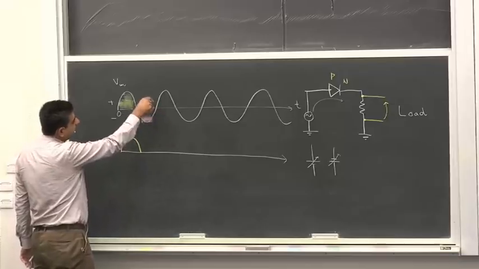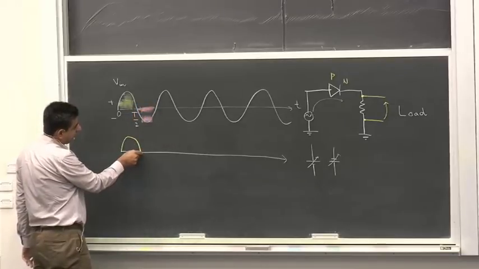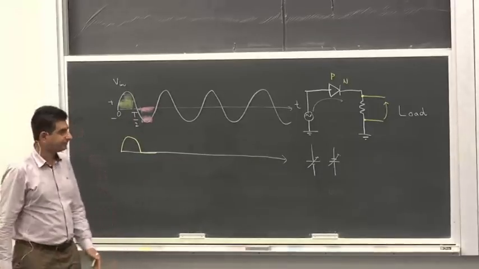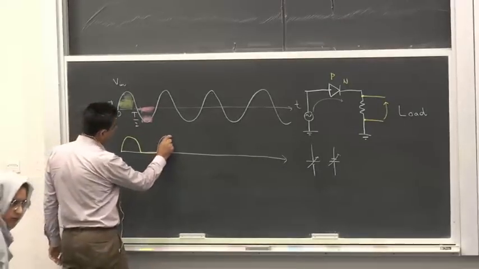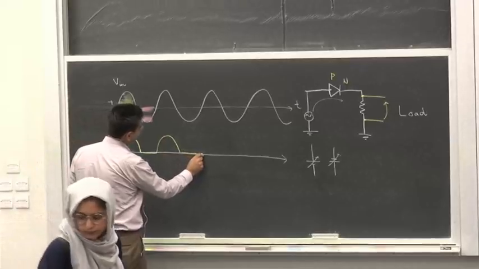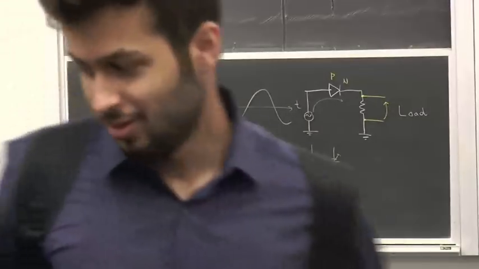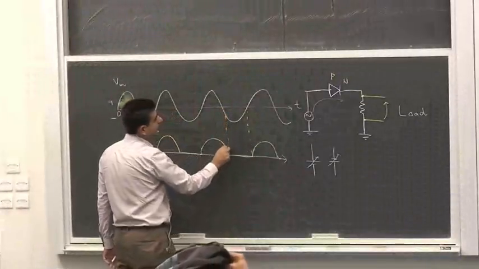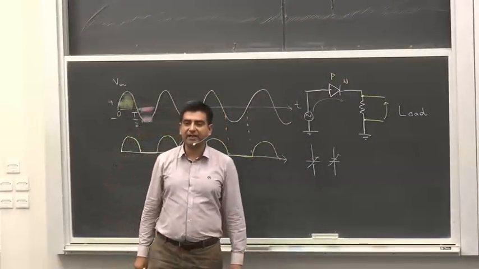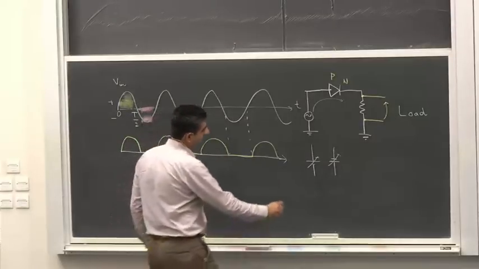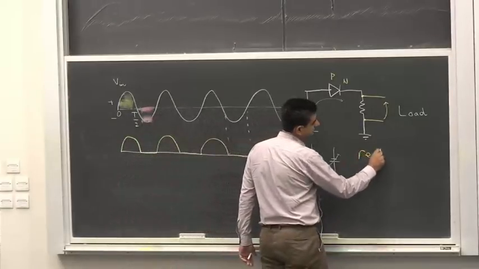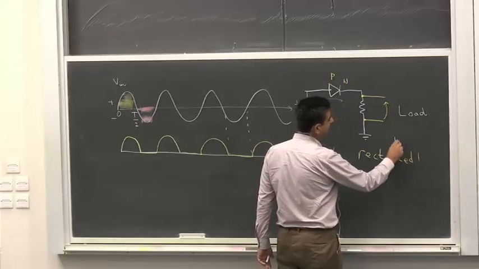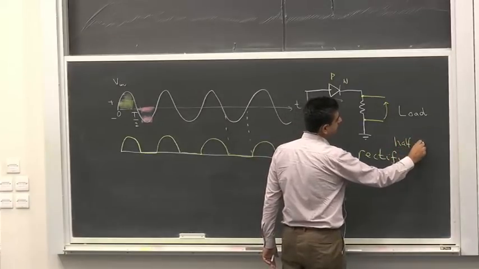And in this negative half of the input, the voltage goes to approximately 0. And then it follows, the positive half goes to 0, positive half goes to 0. So you get an output which is called a rectified output. And in fact, it's a half-wave rectified output.